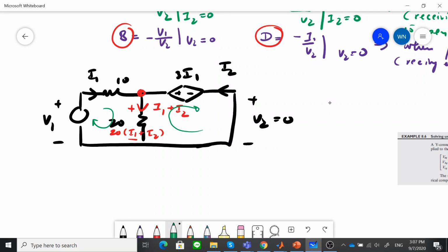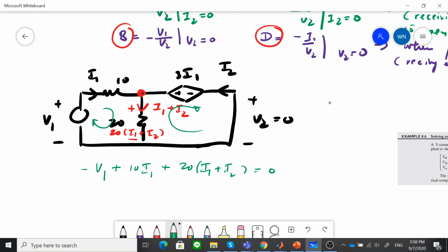You have minus V1, plus 10 times I1, which is the voltage drop across this, and plus 20 times (I1 plus I2), and this is equal to 0. This is the KVL around loop 1.